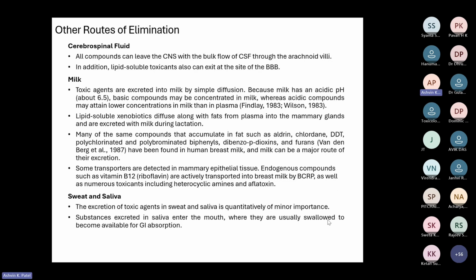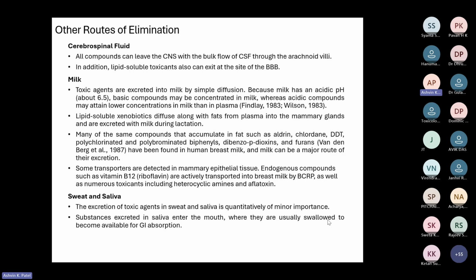More important, about 3 or 4% of milk consists of lipid, and the lipid and cholesterol content after parturition is even higher. So it acts as a medium for lipid-soluble xenobiotic transport through the milk.